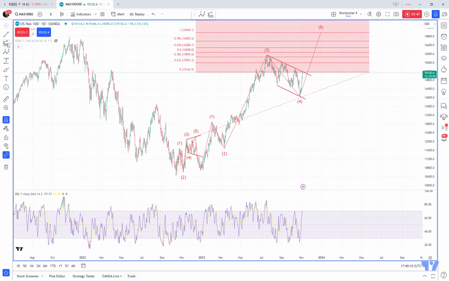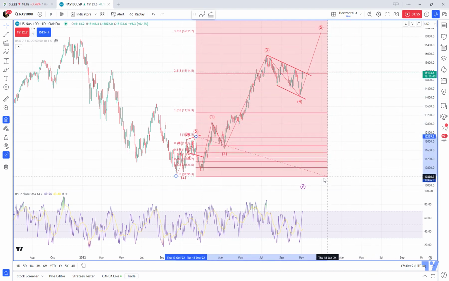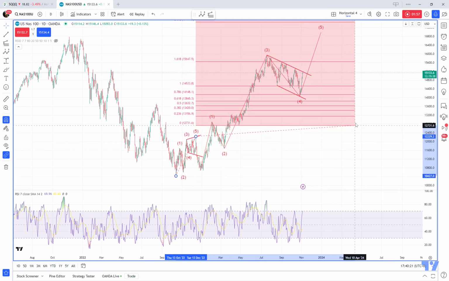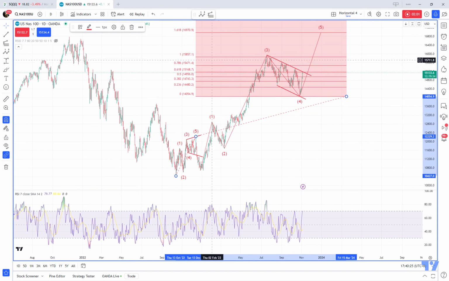Usually I wouldn't do it, it's just that this very first wave has a very nice property. If I move this Fibonacci extension here, you see that 3 and 4 actually have the same length here.